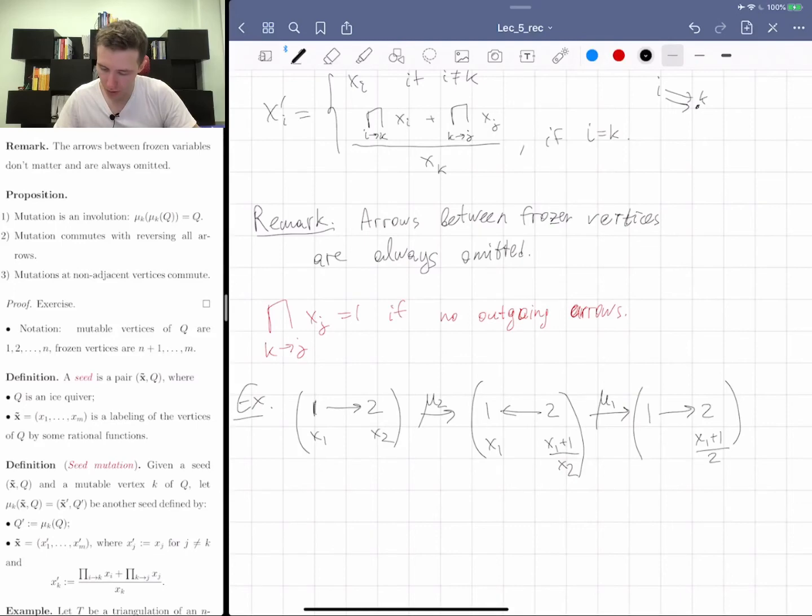But then this label is going to be something interesting. You write (x1 plus 1) over x2, that's the product over incoming arrows, plus the product over outgoing arrows, divided by x1, and that's (x1 plus x2 plus 1) over x1 x2.